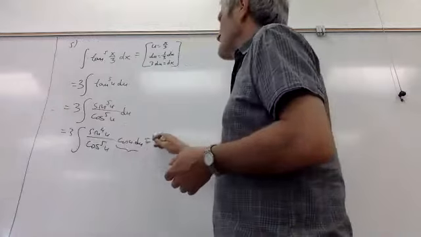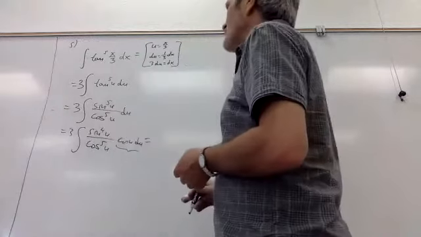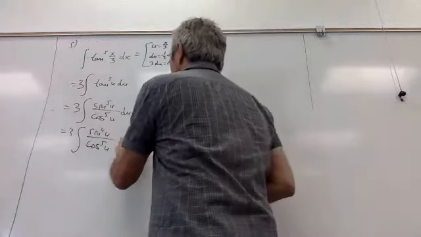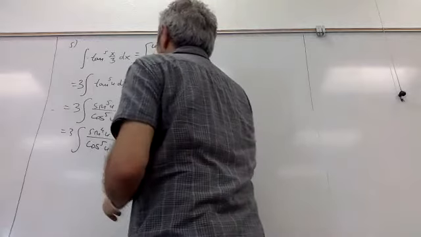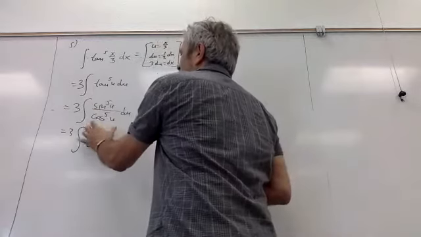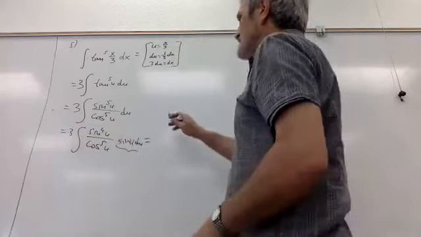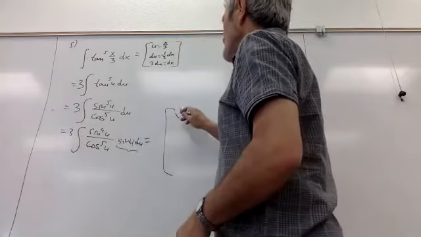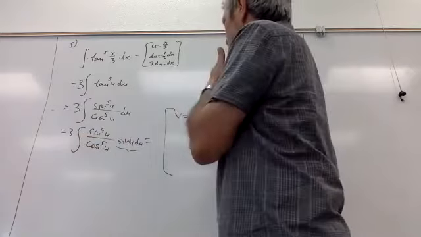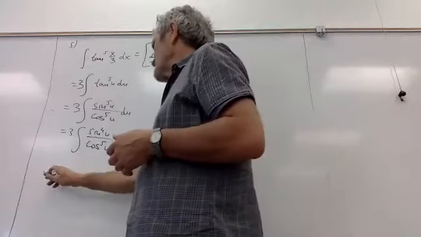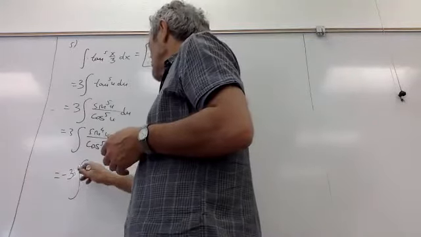Since I had an odd power, I separated the even part and one extra. The one extra is for the derivative, ready. So I get v equals cosine u. So dv is negative sine u du. So this is negative dv basically. So I get negative dv integral.